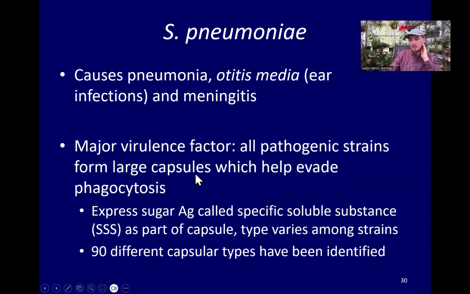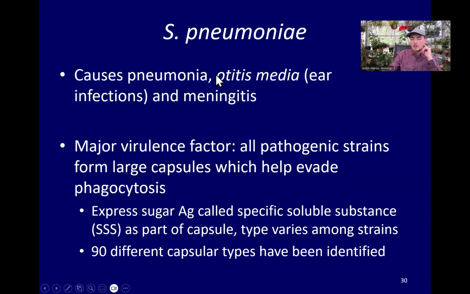And because they're in the nasal passages and in the throat, they can cause infections in the lungs, and they can cause infections in the nasal passages. And then also, if you remember that tube, the Eustachian tube, that connects your throat to your ear, that can also be infected.